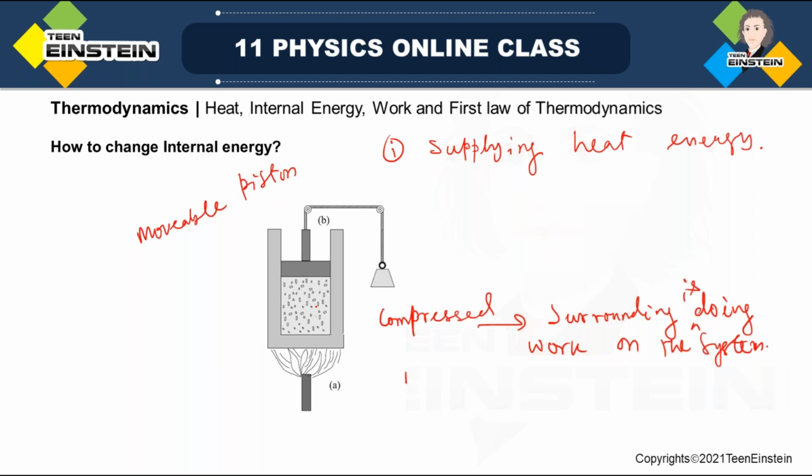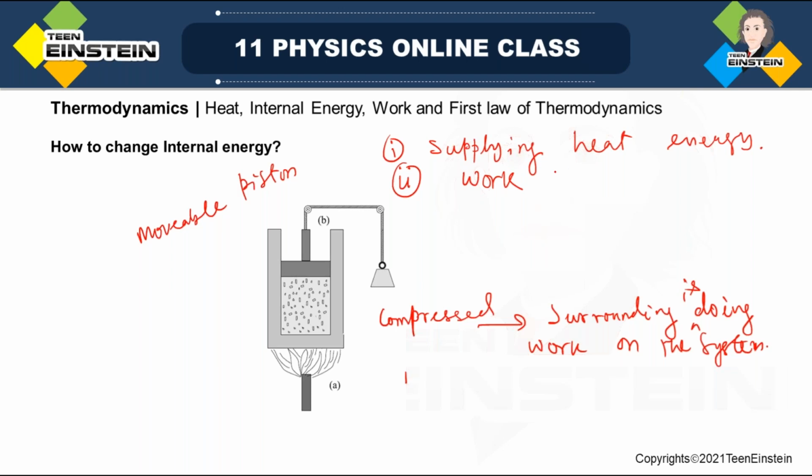So thus we can see that by moving the piston, or by doing certain work, internal energy is increased or decreased. So there are two ways then: one is work and another one is supplying heat energy.